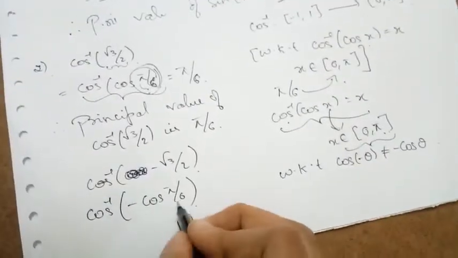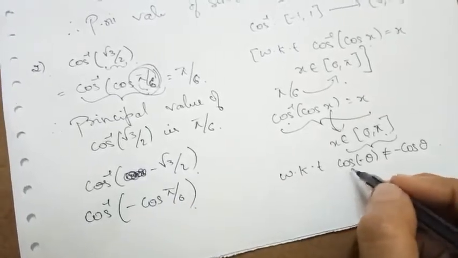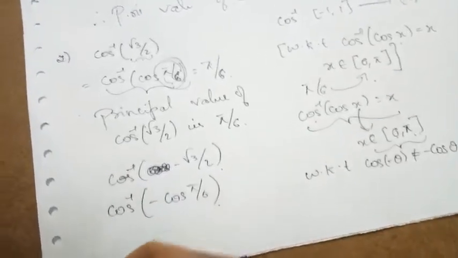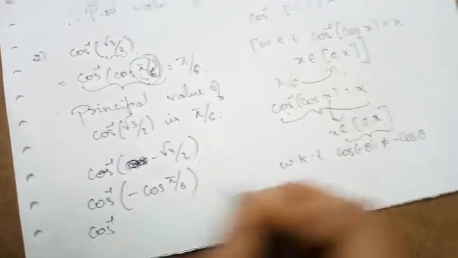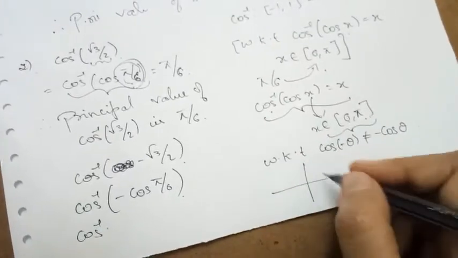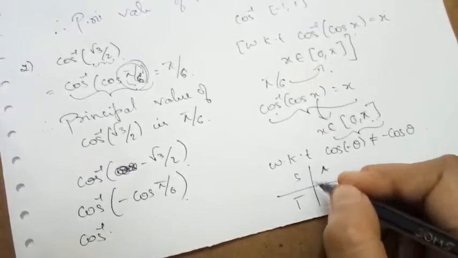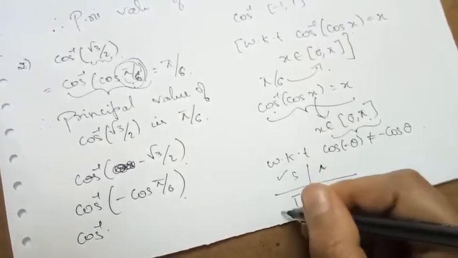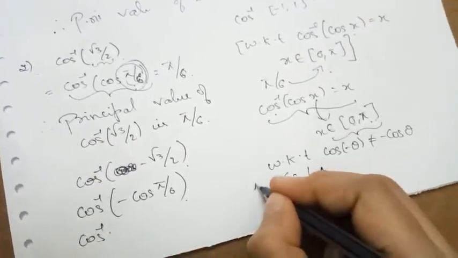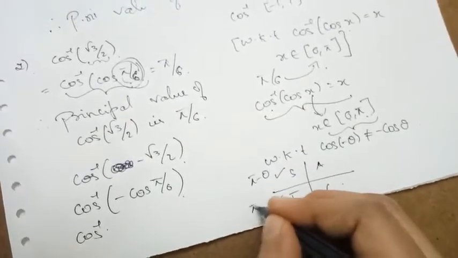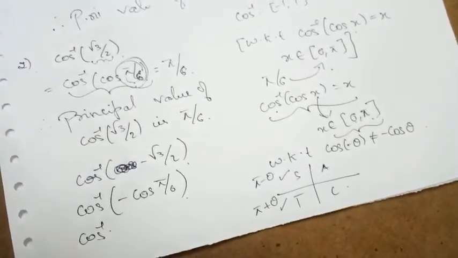So here minus cos pi by 6, I can't write it as cos of minus theta. So how are we solving this one? I am solving this with the ASTC format. At which quadrants is cos negative? At the second and third quadrants, that is, one is the pi minus theta format, another is the pi plus theta format.